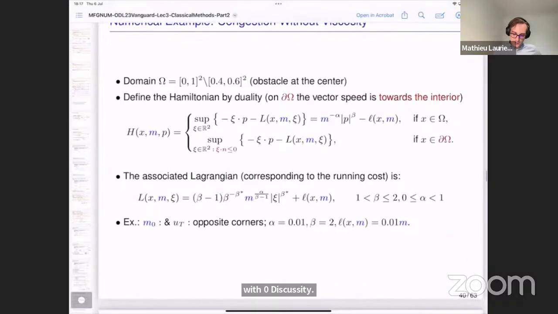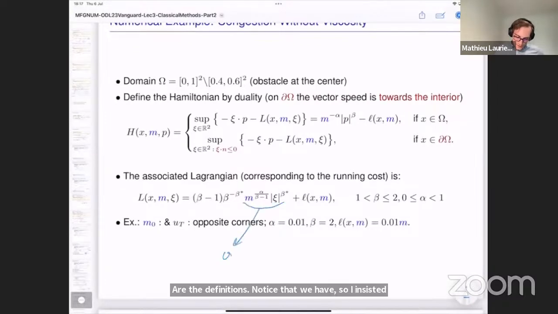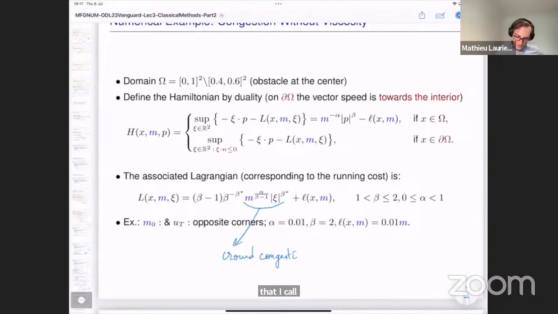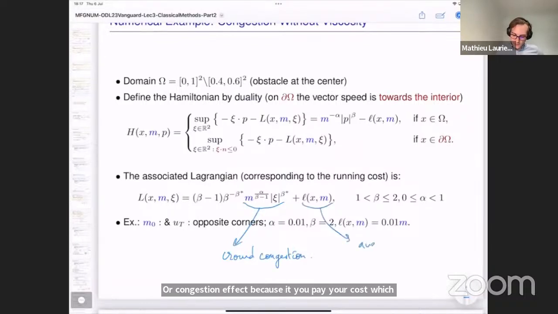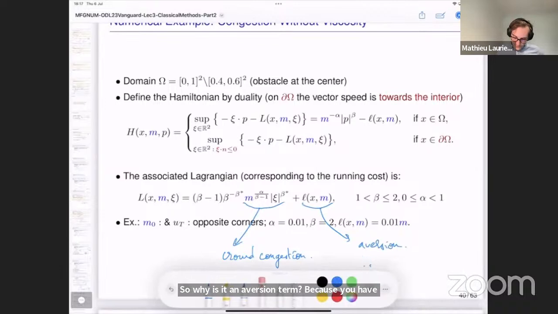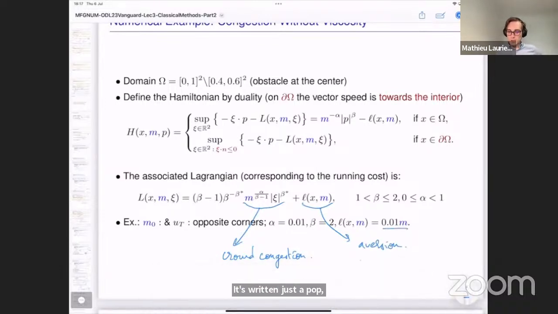Here are the definitions. Notice that I insisted on these terms that I call crowd congestion or congestion effect, because you pay a cost which is proportional to your velocity. And this one is more like the aversion. Why is it an aversion term? Because L of x, m is equal to some factor times m, and here m is a local dependence.